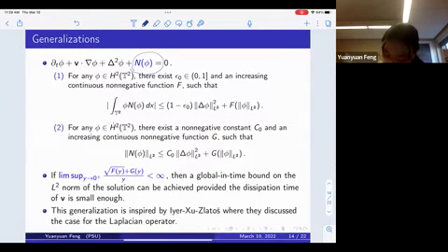Here epsilon 0 should be strictly greater than 0 and less than 1.